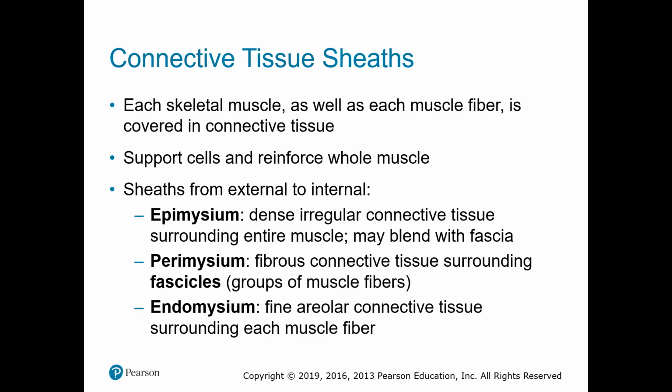So when a fascicle contracts, it pulls on the epimysium, the outer covering of the muscle itself. One muscle cell pulls on the endomysium, which pulls on the perimysium, which pulls on the epimysium. One muscle cell probably is not even noticeable, but 1,000 muscle cells is, maybe even 100 muscle cells.